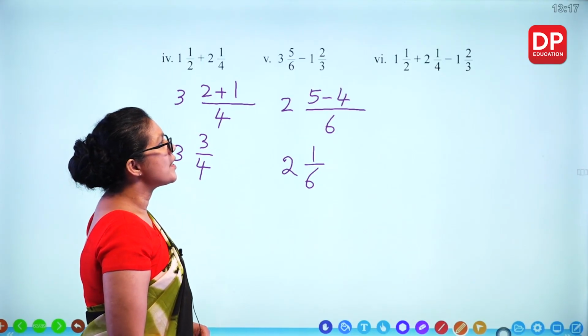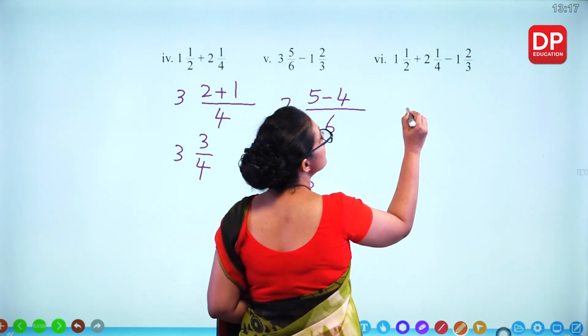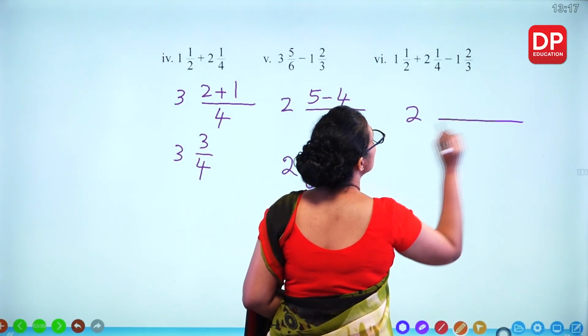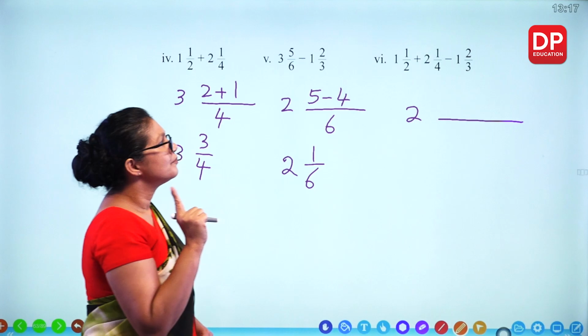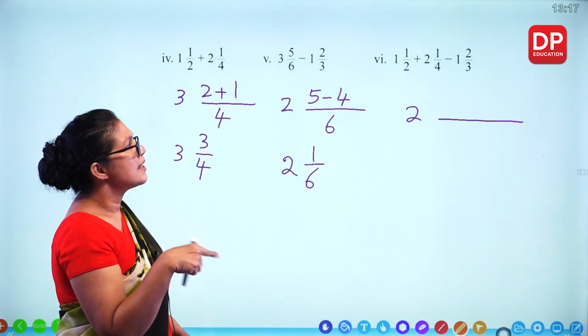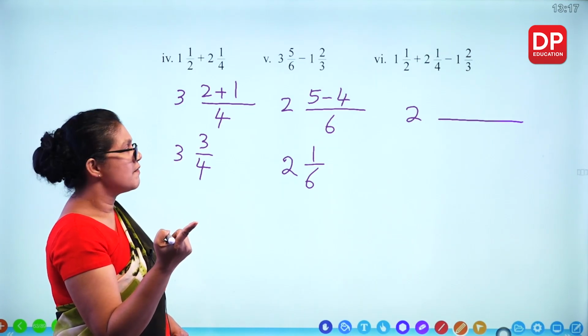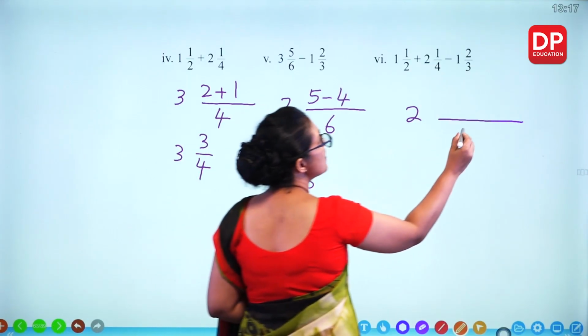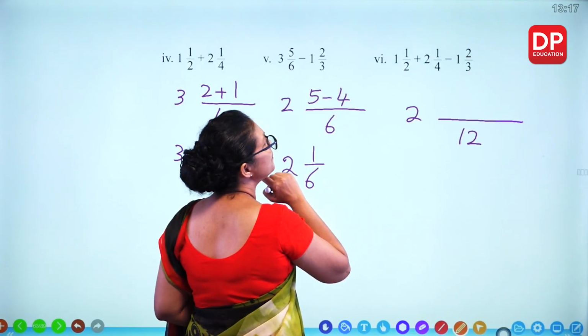This one, we can do whole numbers first. 1 plus 2, 3. 3 minus 1, that's 2. Now 2, 4, 3. What's the lowest common multiple? 4, you can't take. 8, not divisible by 3. 12. 12 is the lowest common multiple.